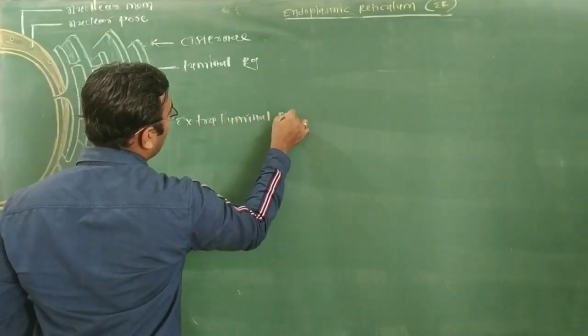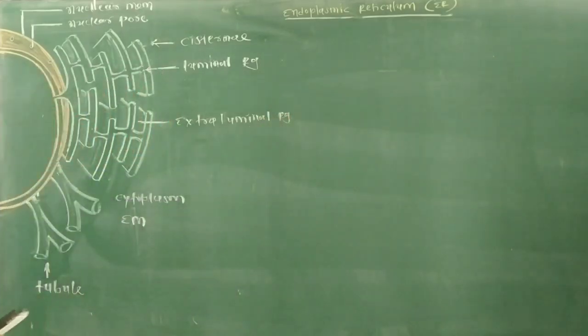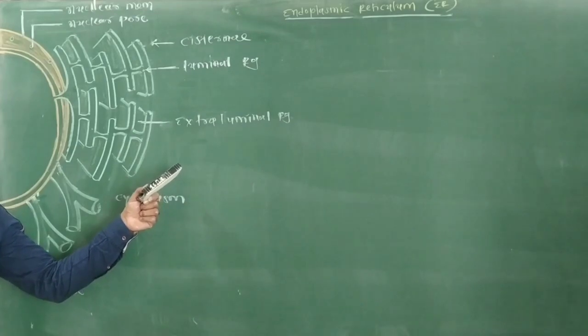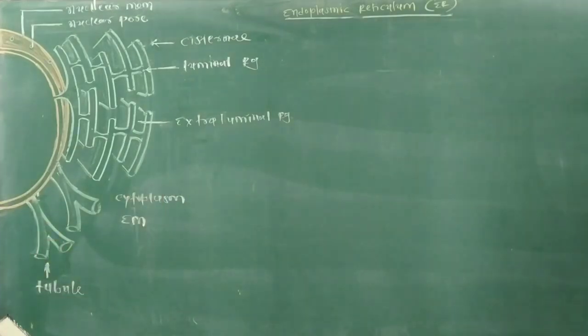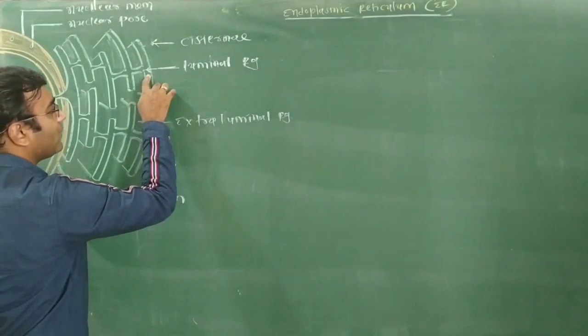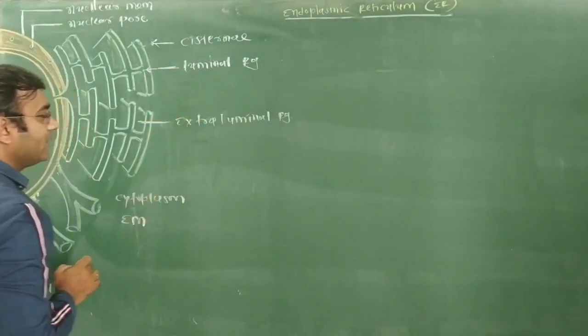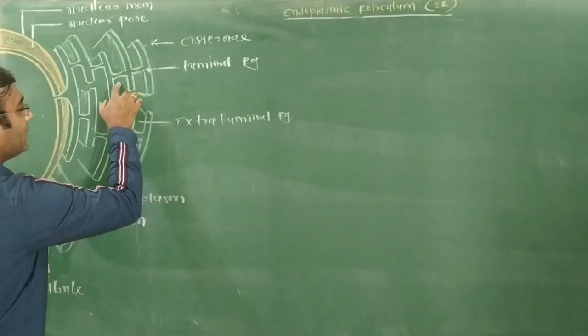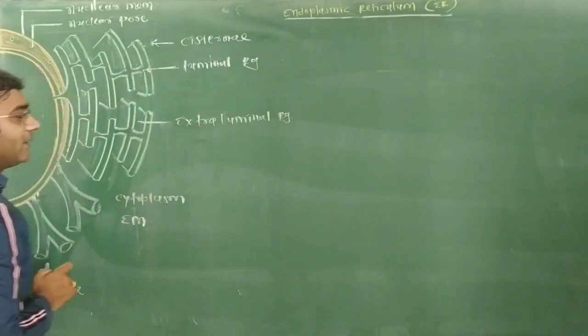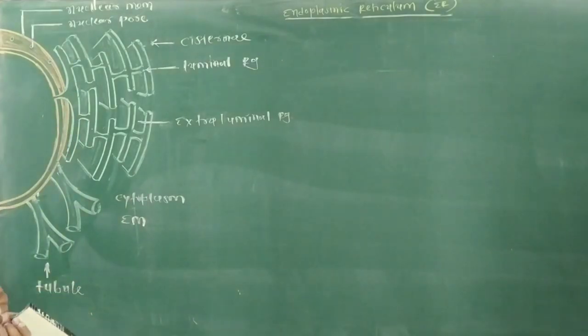So the endoplasmic reticulum divides the intracellular space, meaning the space within a cell, into two regions. The region inside the endoplasmic reticulum is the luminal region. The outside region, in between the tubules, is the extraluminal region.